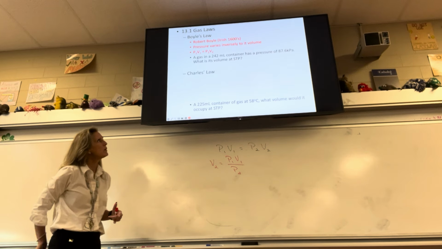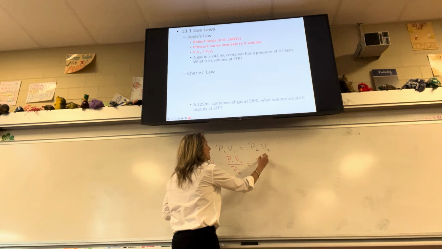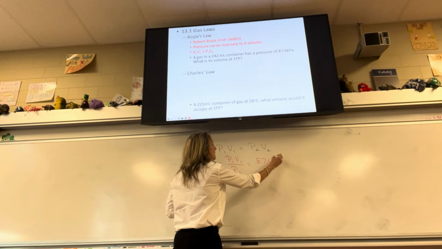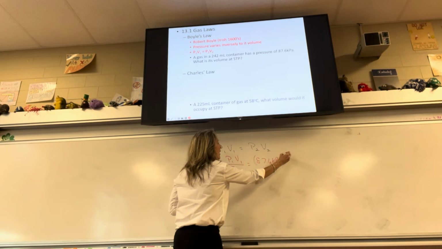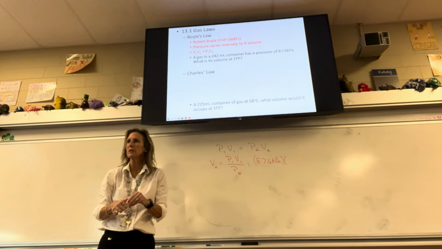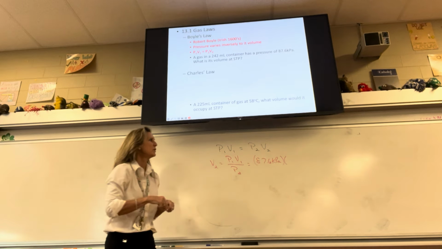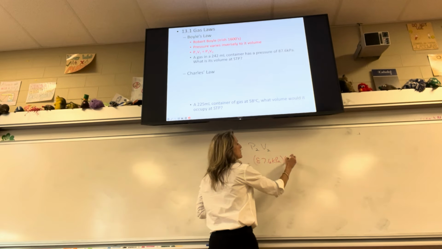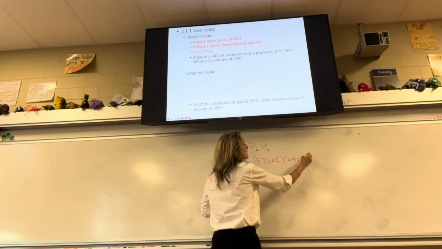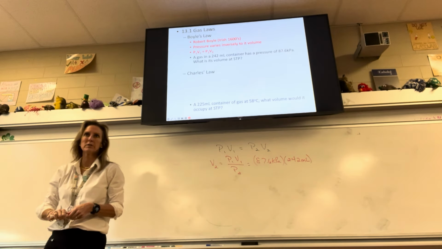Then we pick out which variable is which. Our P1 is the 87.6 kPa. Our V1 is 242 milliliters, and for these gas laws, we can leave volume in milliliters. Next week we will look at a gas law where we will have to change that to liters.